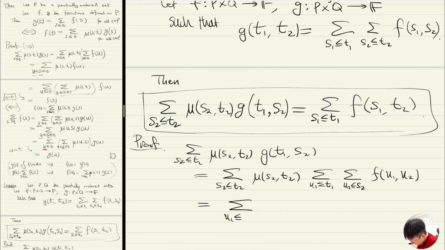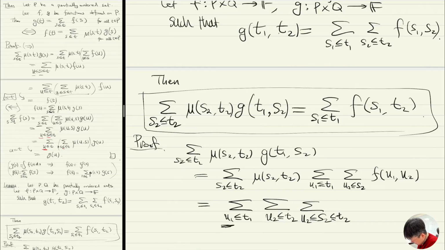So I do the U2 first, and then U2 is less than or equal to T2, and then S2 is between U2 and T2, right?